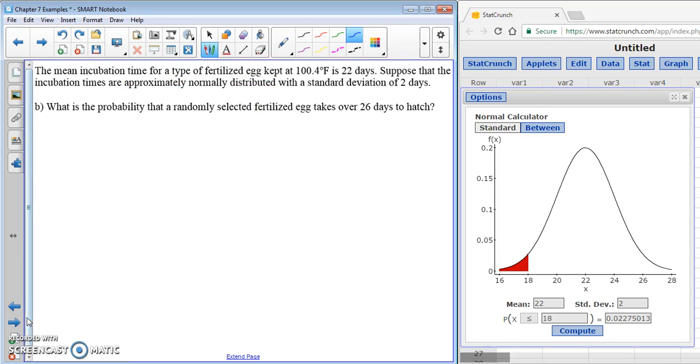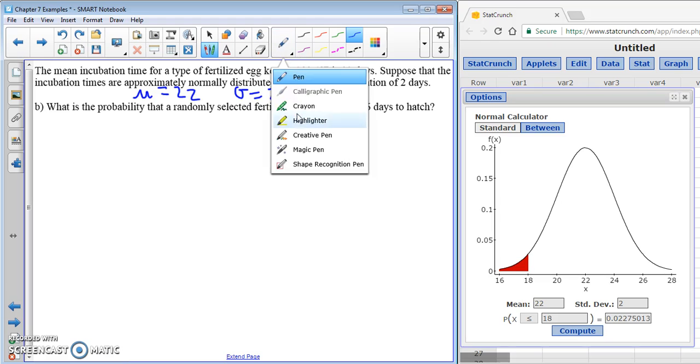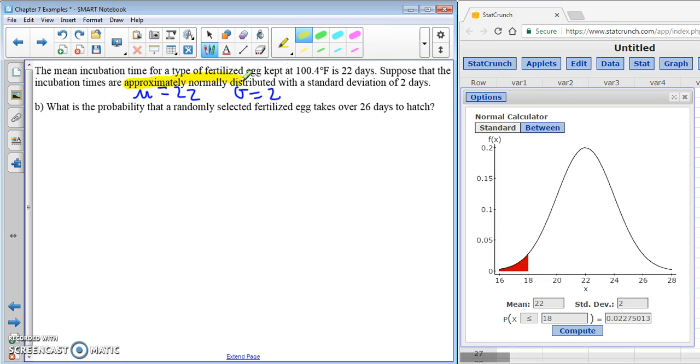So let's look at the next part. Our mean is still 22, standard deviation is 2, and we still have approximately normally distributed. Here we want to know what's the probability that a randomly selected fertilized egg takes over 26 days to hatch. So we want the probability that X is now greater than 26.